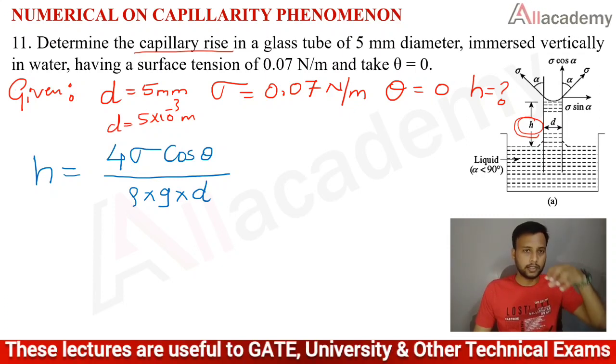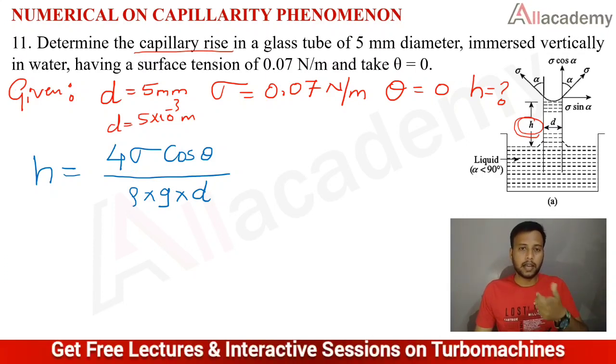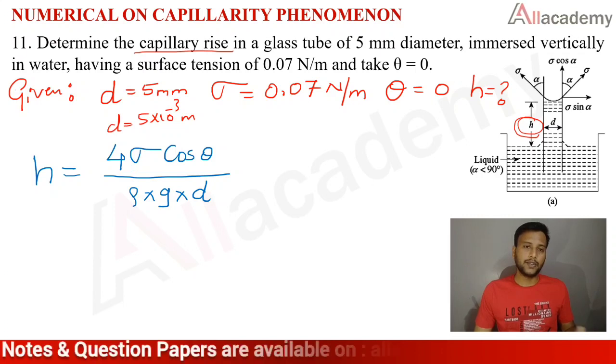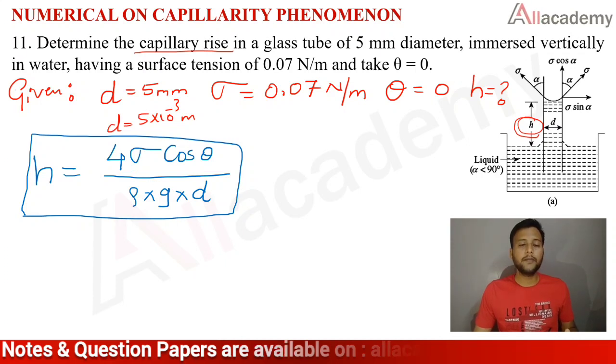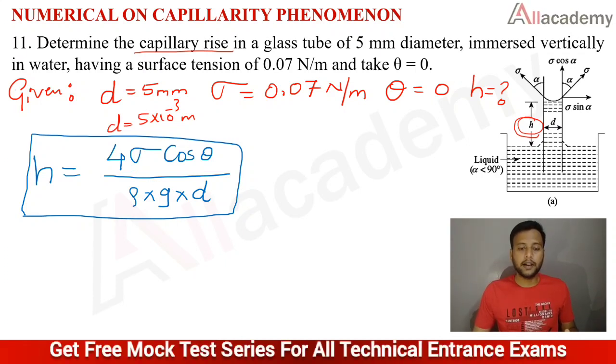Rho depends on which type of liquid you are immersing, so that is also very important. G is the gravitational constant, D is the diameter of the tube, theta is the angle of contact, sigma is the surface tension, and H is the rise or fall of the liquid in the tube. So this is the formula for capillarity rise and fall.